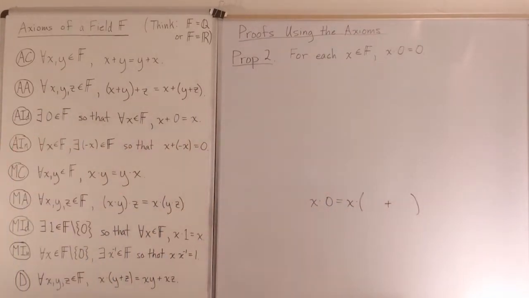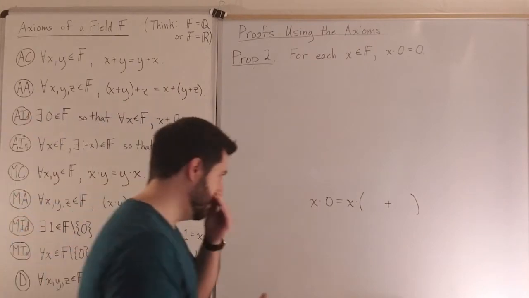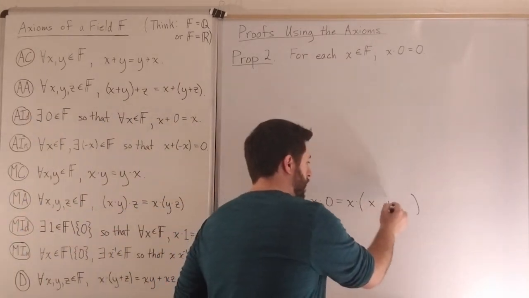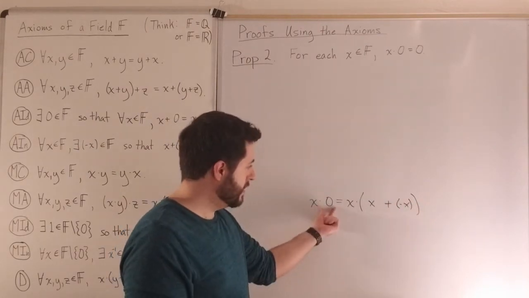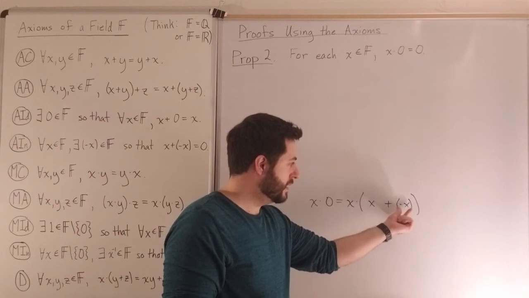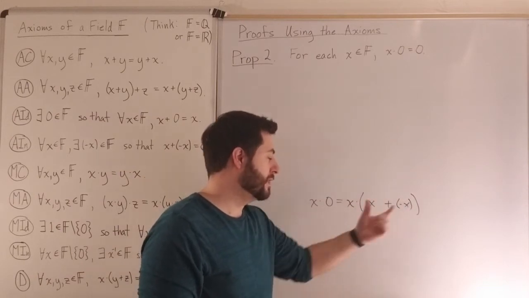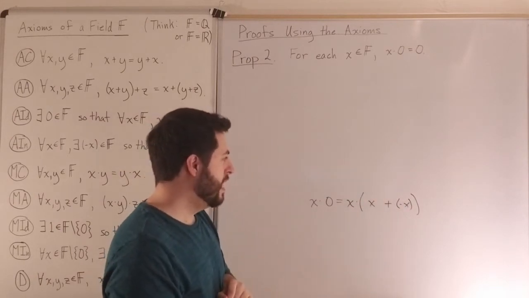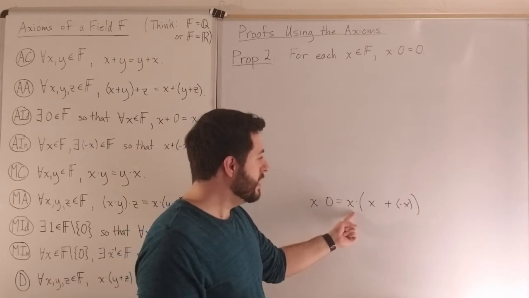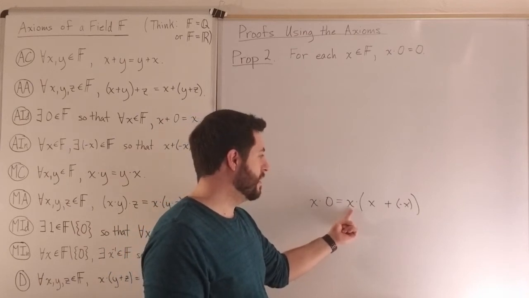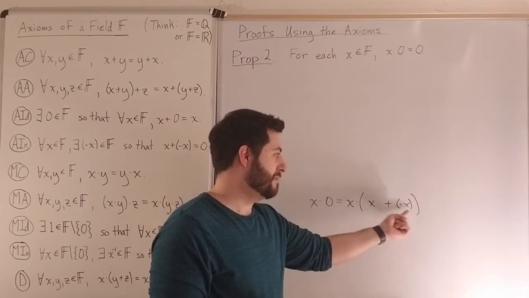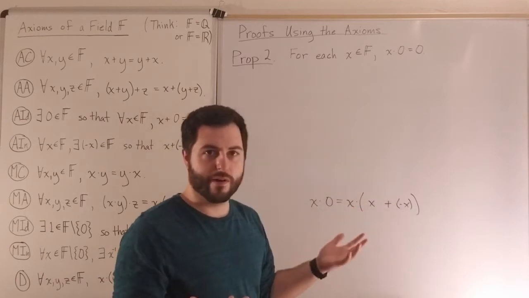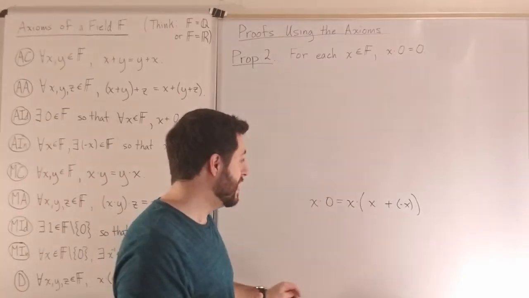Okay, so we don't want to, for example, use x here. So this would be a true statement. I just replaced 0 with x plus the opposite of x. X plus the opposite of x is 0, so that's fine. But this is not going to lead us in a good direction because it's going to be x squared plus x times the opposite of x. And we don't have any way to get a handle on what that should be.